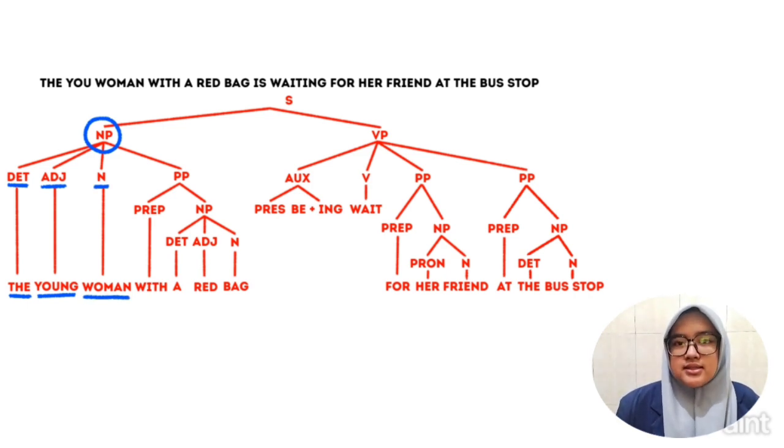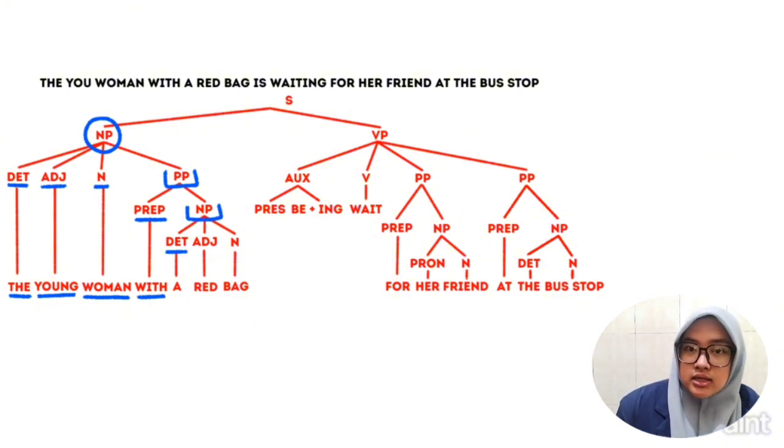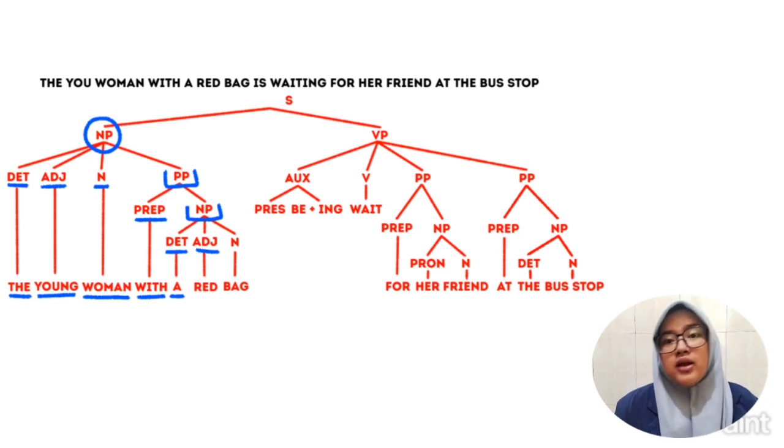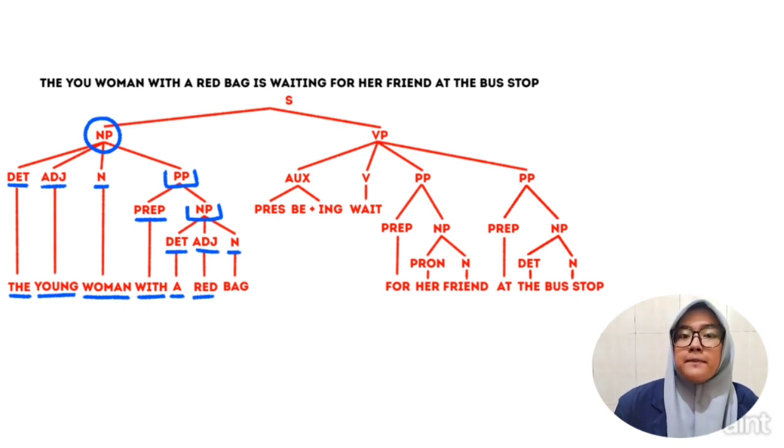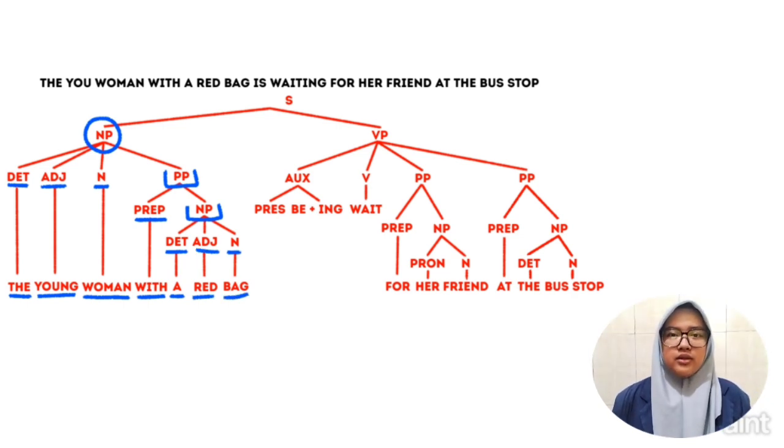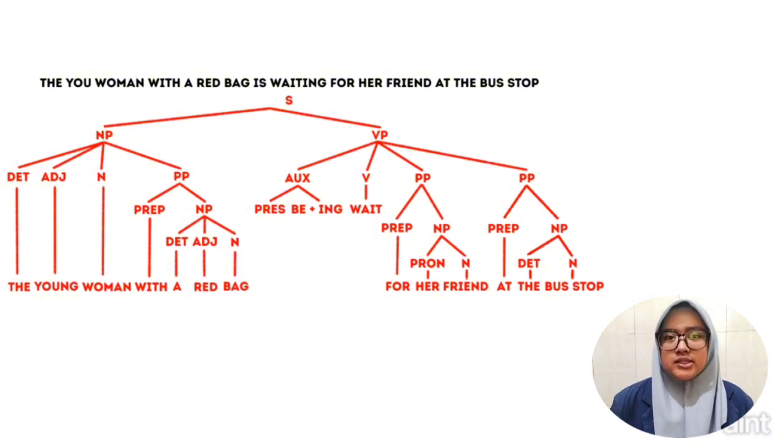It also contains a prepositional phrase, "with a red bag," which modifies the noun "woman." Within this prepositional phrase, the preposition "with" is followed by a noun phrase consisting of the determiner "a," the adjective "red," and the noun "bag."